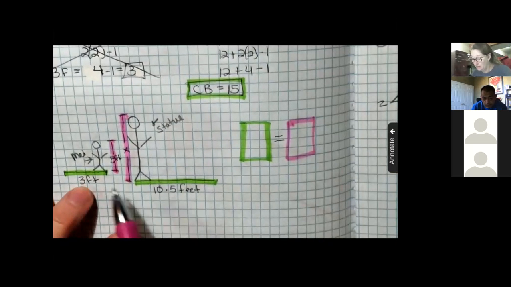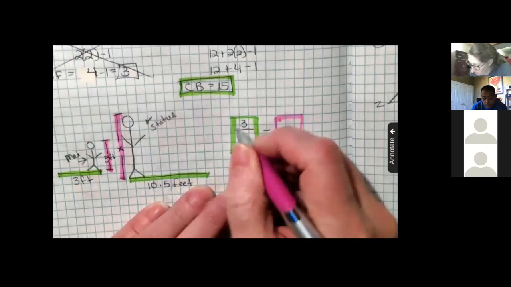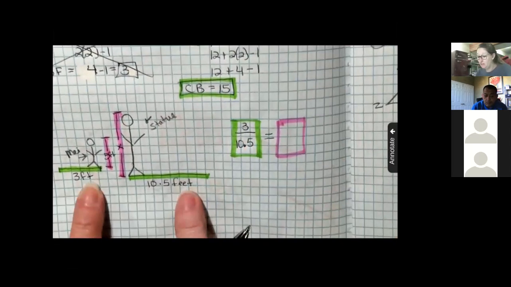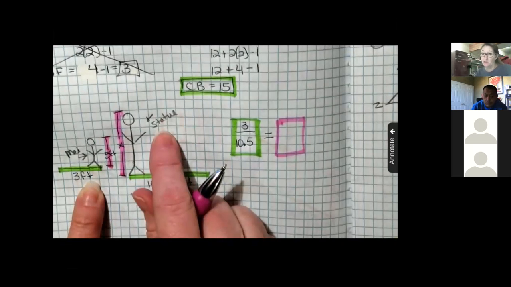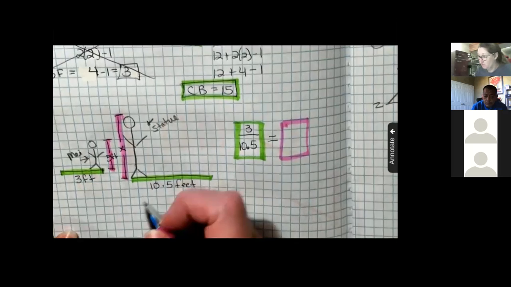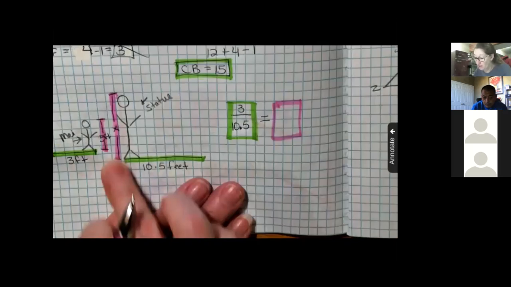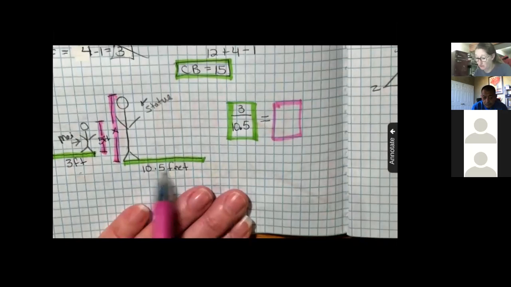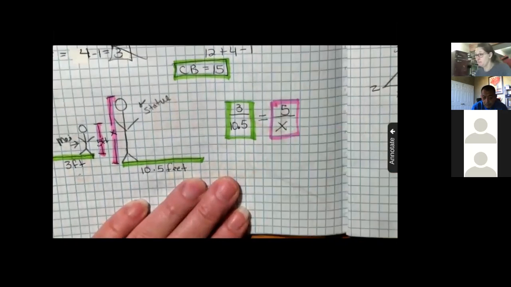So I can take 3 feet, small, to big, 10.5. Now, the important reason I put feet here is because their question was, how tall is the statue? So when you answer, you're going to have to answer the statue, and let me finish this and I'll talk about that. So now the pink is height. Here I went small to big, so I have to stay consistent. Small, 5 feet, to big is X, okay?